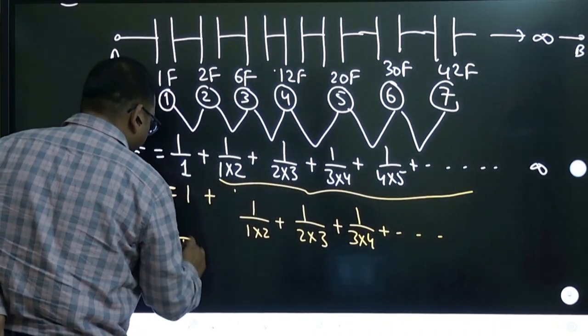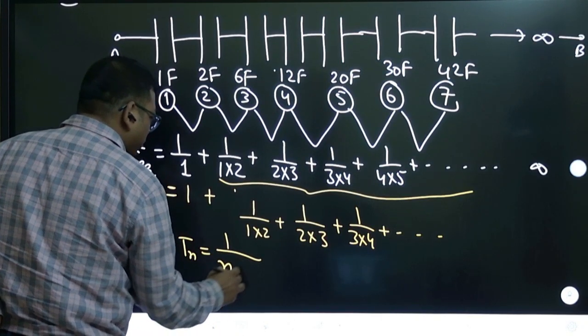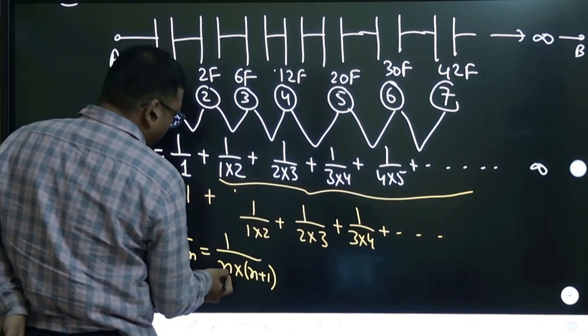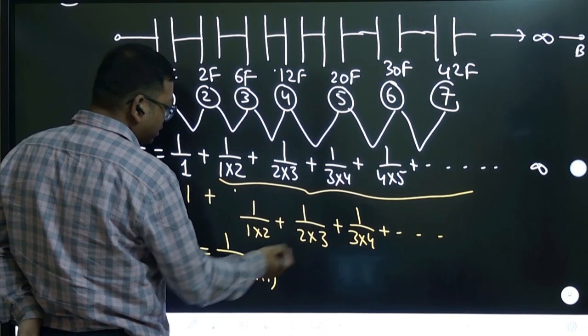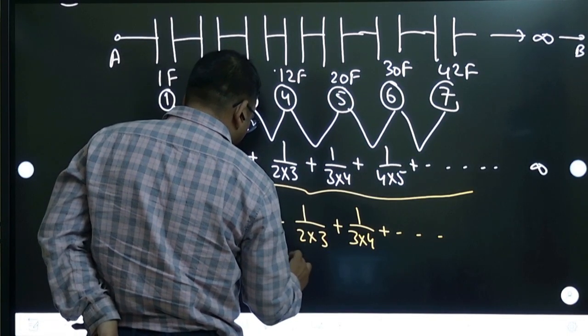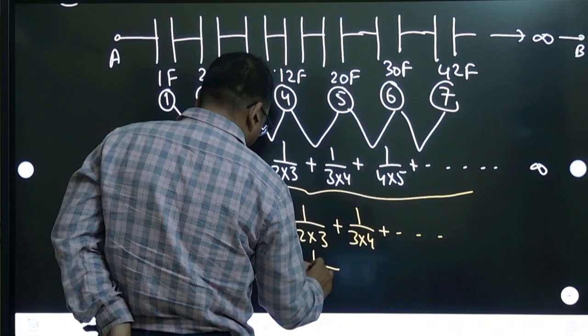For this we can write the nth term as 1 by n into n plus 1. I think this may work, right? So if I take n as first term, it is 1 into 2, then second term 2 into 3, like that it can form.